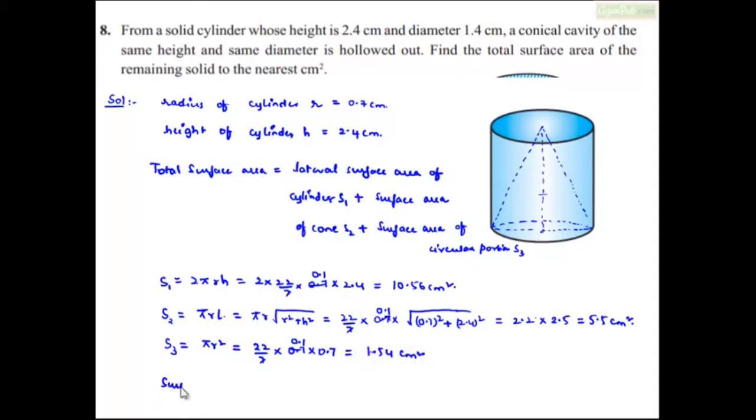Therefore now the required surface area is equal to S1 plus S2 plus S3, which is 10.56 plus 5.5 plus 1.54, that is equal to 17.6 centimeter square. This is the required answer.